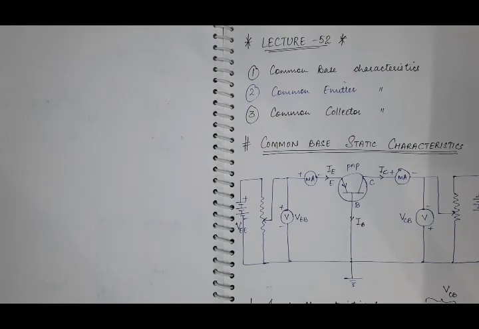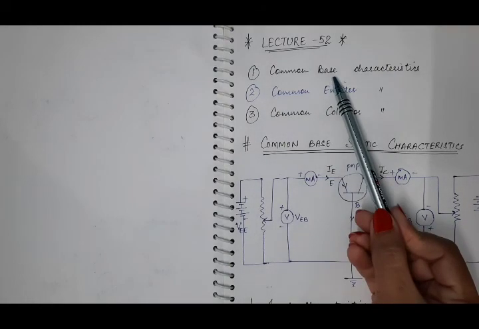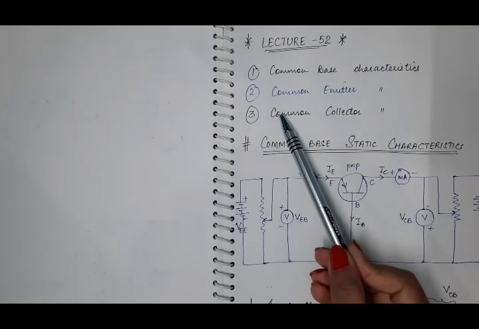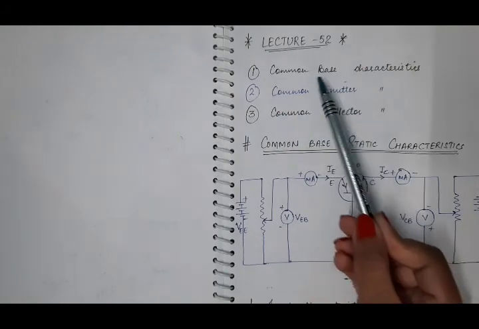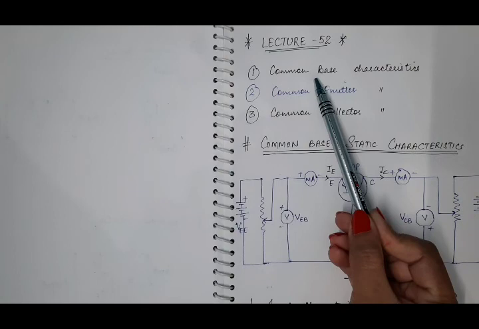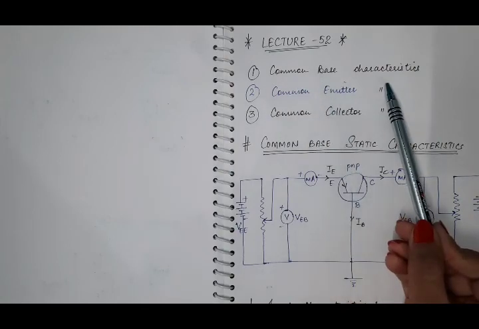At any time, we can make any terminal common between the other two to make two junctions, because we have already studied that there are two PN junctions, J1 and J2, in case of transistor. So if we keep base common between the emitter and the collector, then the characteristics of the transistor are known as common base characteristics.